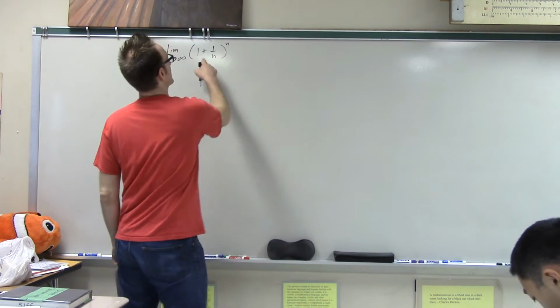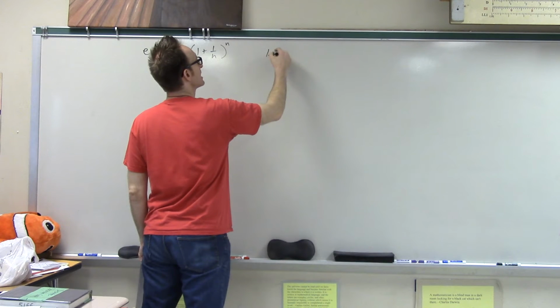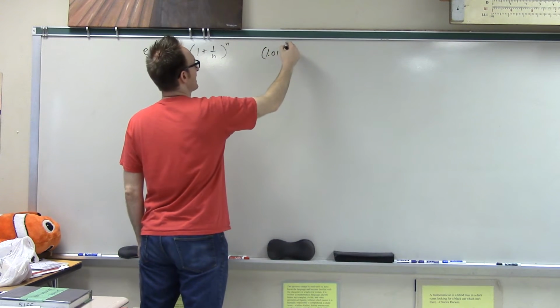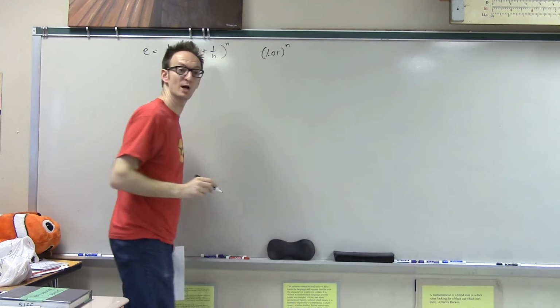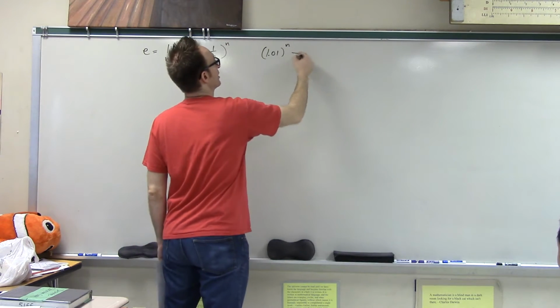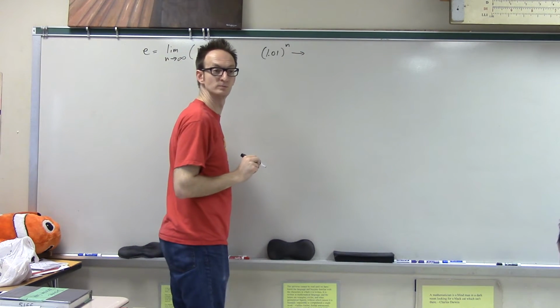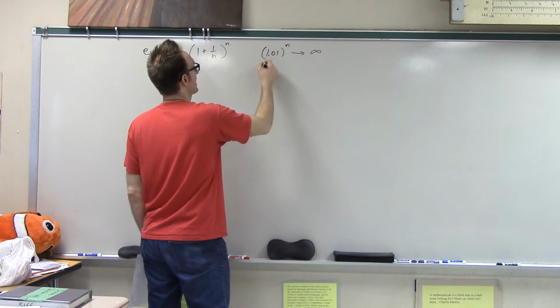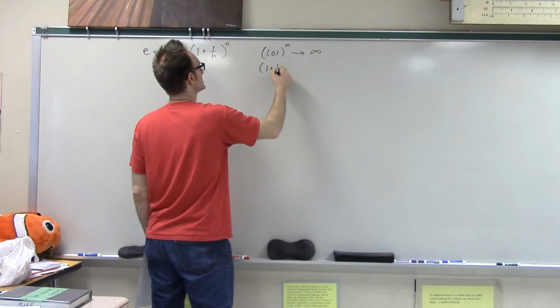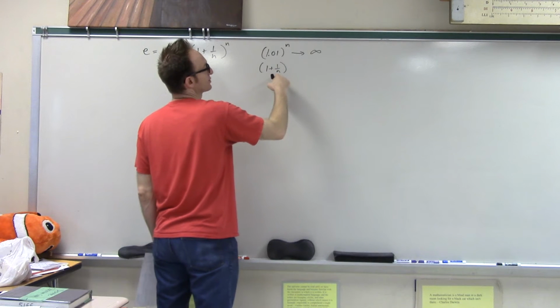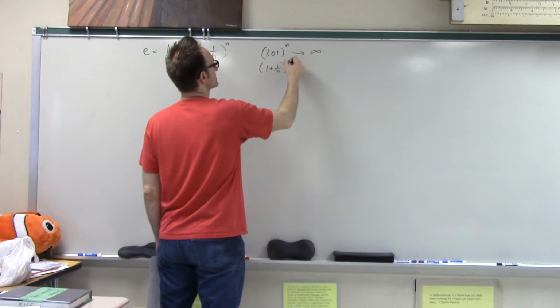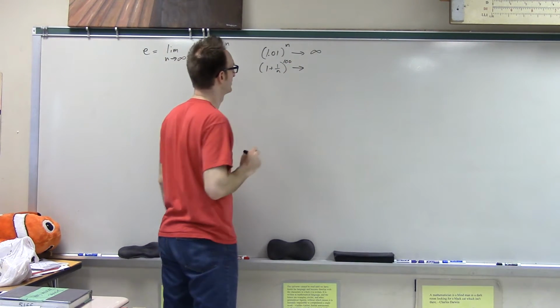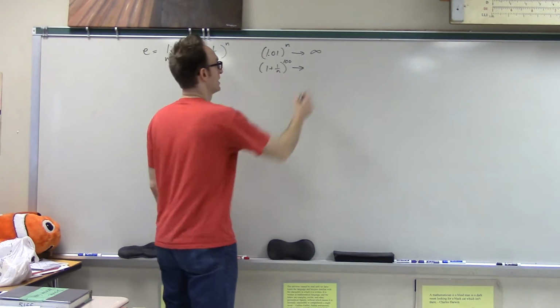If you take a number which is just a tiny bit more than 1 and raise it to a larger and larger power, this is going to go to infinity. Whereas, on the other hand, if you raise a number which is getting closer and closer to 1 to some constant, however large power, that's going to go to 1.